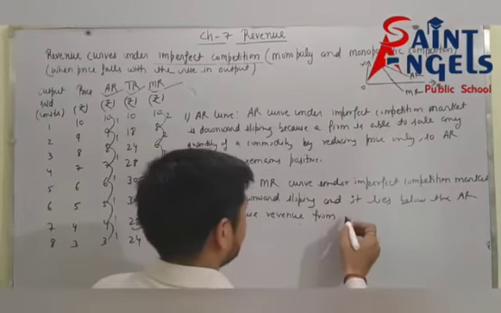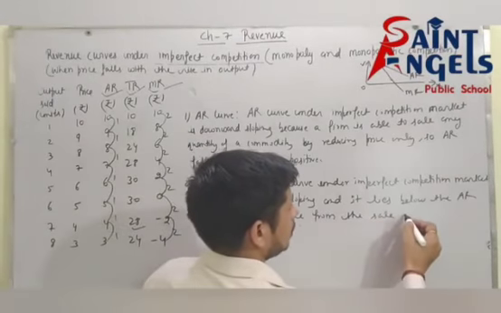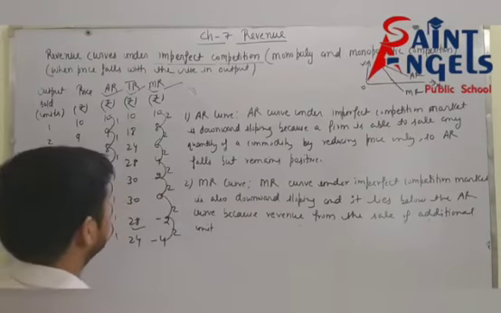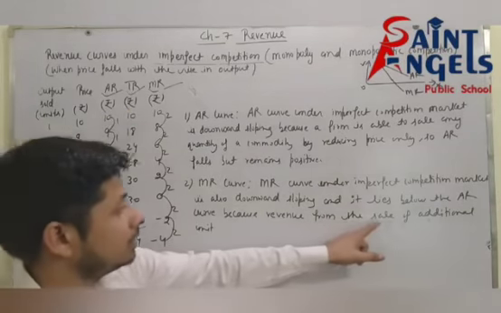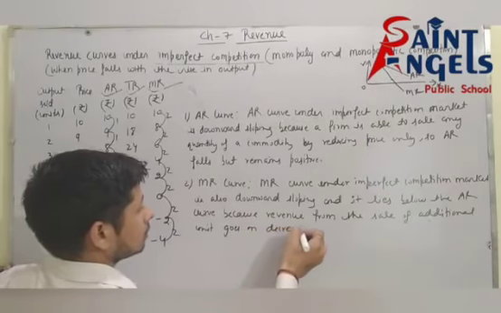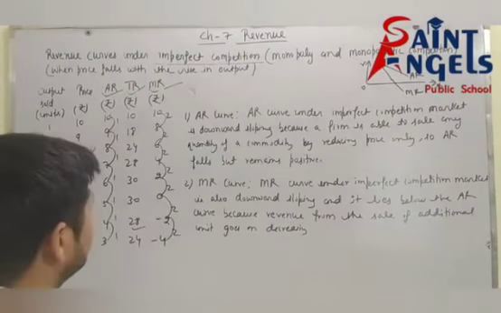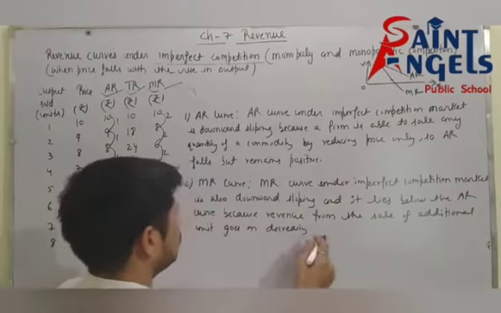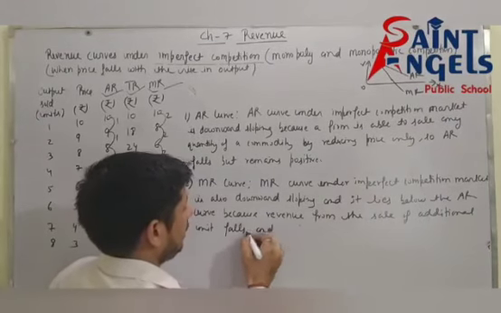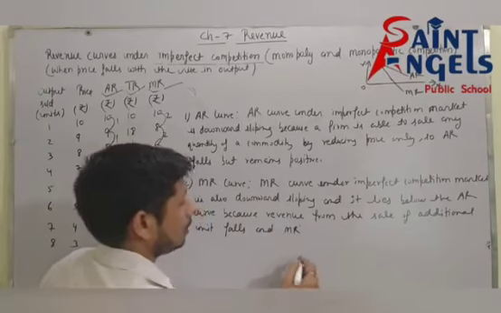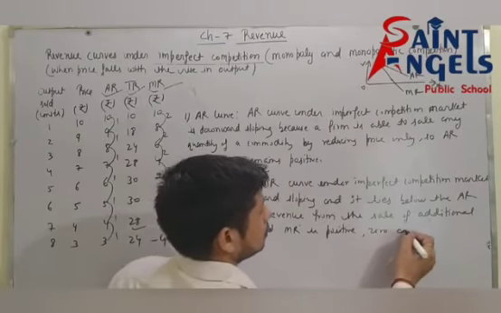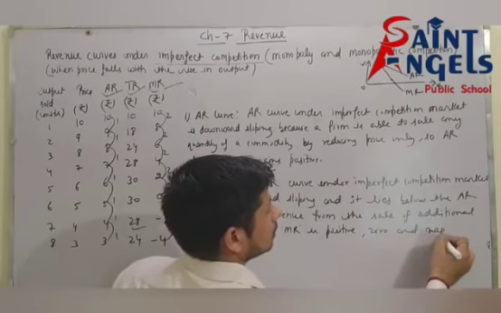revenue from the sale of an additional unit goes on decreasing, or you can say revenue from the sale of an additional unit falls, and MR is positive, zero and negative.